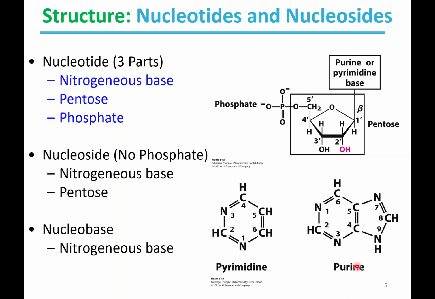For purines, you'll see the numbering system is a little bit different. 1 is up here on this nitrogen, and then it goes around counterclockwise in that ring, and then 7, 8, 9 are in the second ring. Purines attach to the ribose via a bond on nitrogen 9. So that's kind of drastically different, how that numbering system works in those.